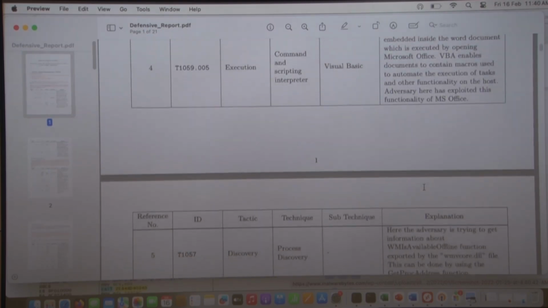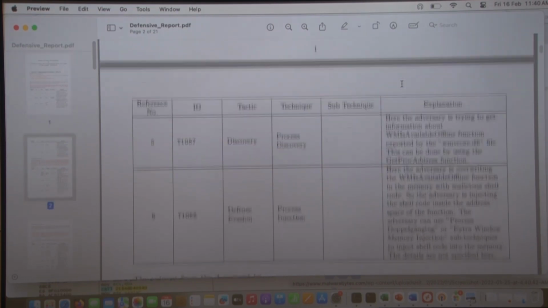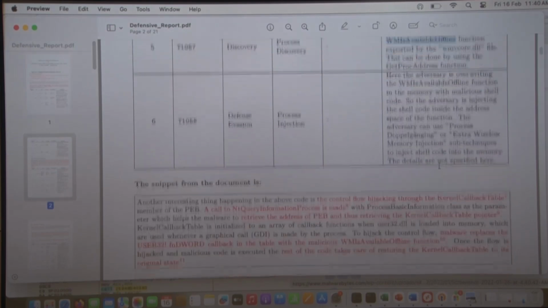Then there is command and scripting, in which they used a macro-enabled document, where the macros used Visual Basic code to place the malicious shellcode. Then the adversary tries to get information about a specific process, which comes under process discovery. Then they perform process injection, in which the adversary overwrites a function in memory with their own shellcode.